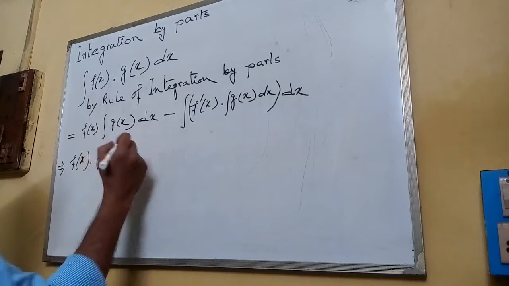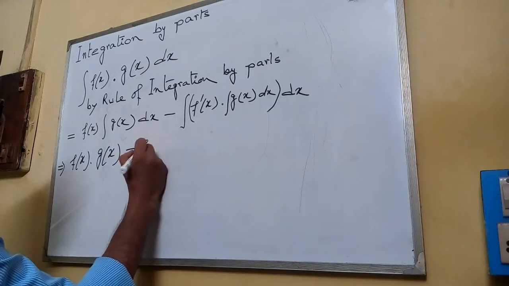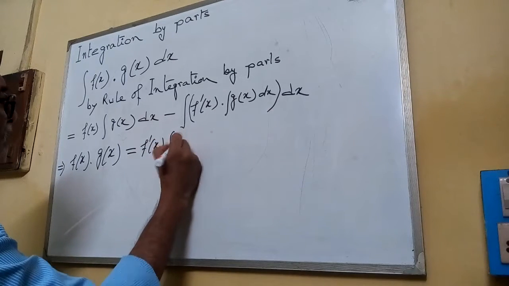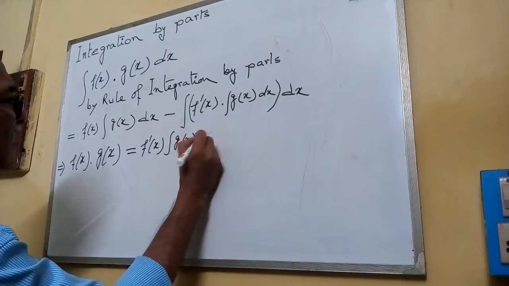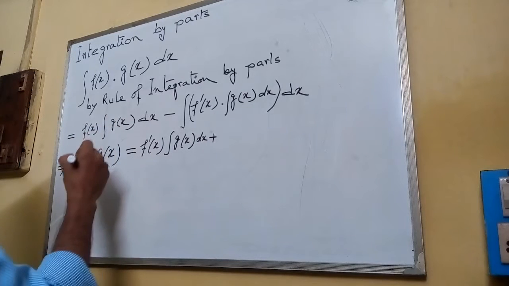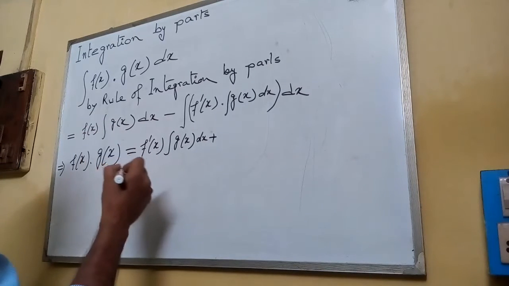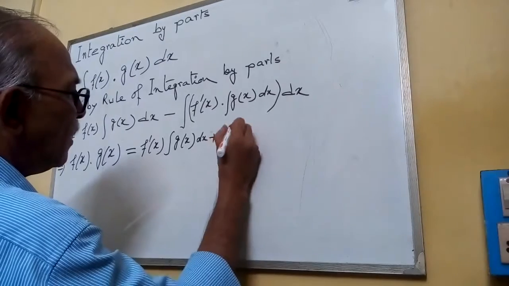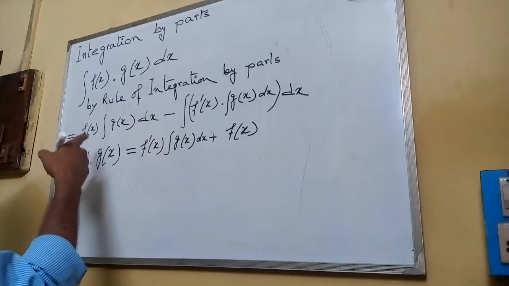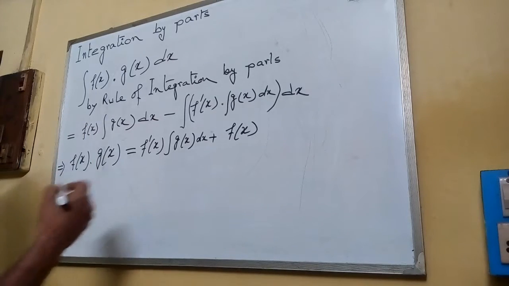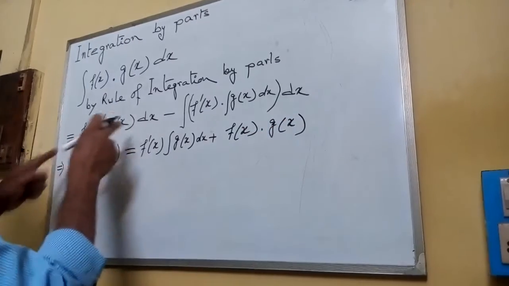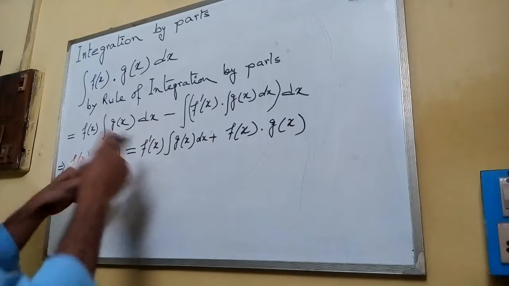The derivative of this one: we know the derivative of the first function is f dash x into the second function, plus the first function f(x) into the derivative of the second function, which will be g(x). This part, the derivative of this part, is over.